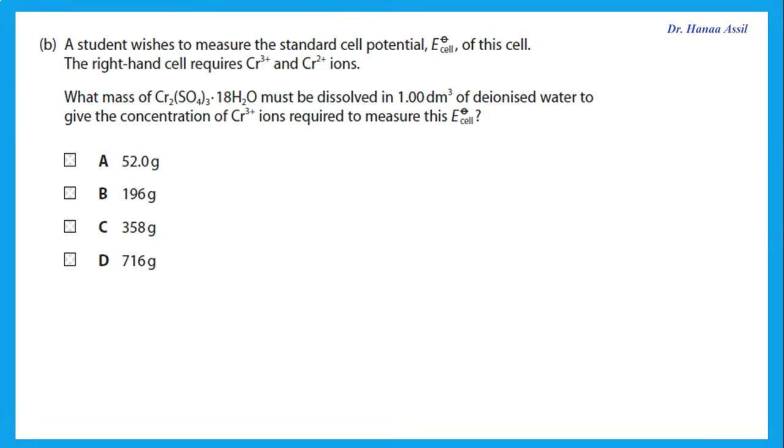Now, remember that to measure the E cell, I need 1 mole per decimeter cubed of the chromium 3 plus. But we're starting with chromium 3 sulfate, and when the chromium 3 sulfate breaks up, 1 mole of the salt will give 2 moles of chromium 3 plus.